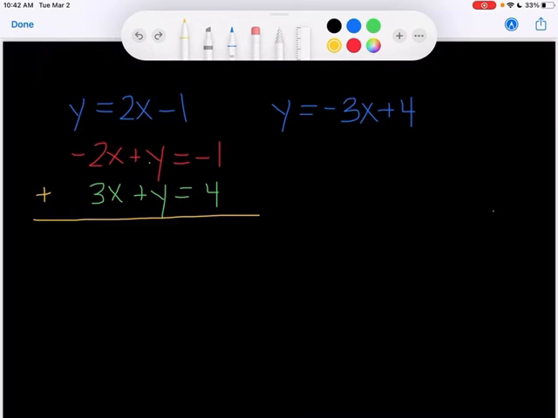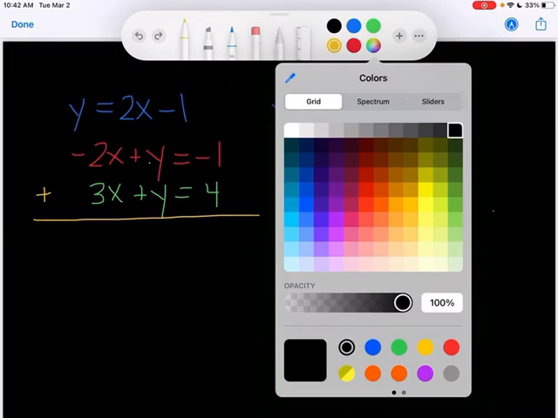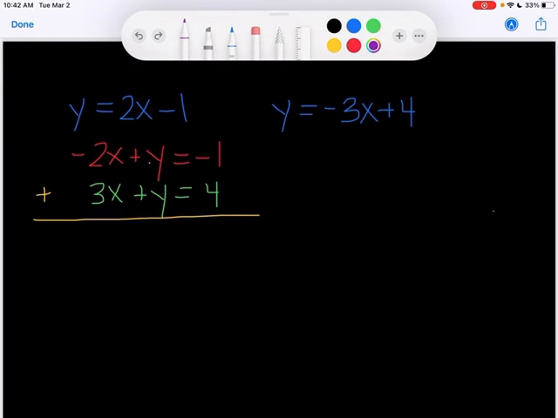So to do that, we can multiply through by anything that will help us get opposite numbers. Just make sure you do it to the whole equation. I think the easiest thing to do here would be to get a positive 1y and a negative 1y. This one's already a positive 1y on top, so I'm going to leave it. But to make this a negative 1y, I need to multiply through by negative 1, and I have to multiply the whole equation.